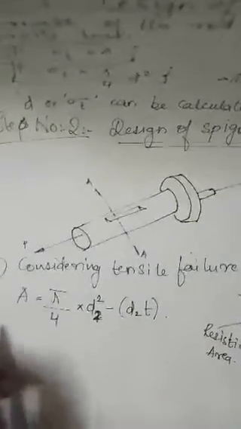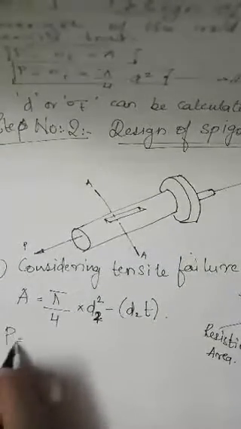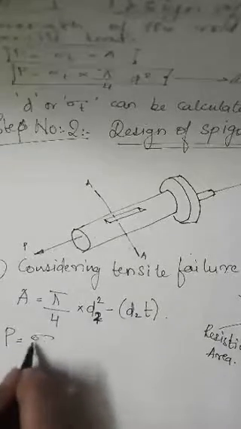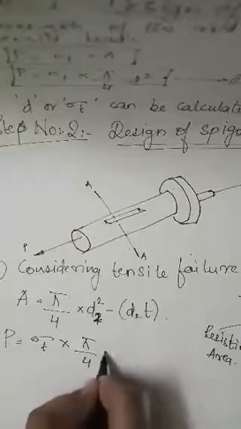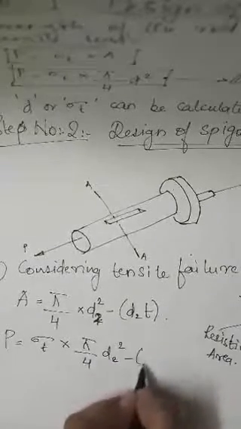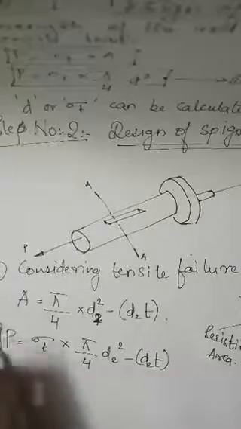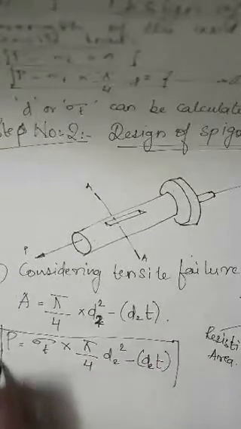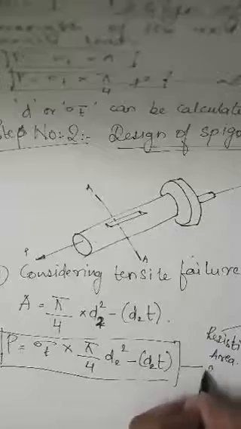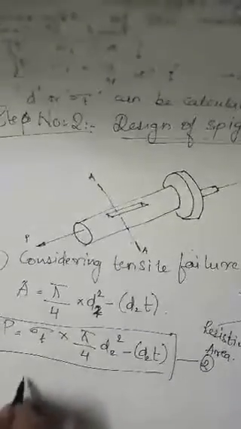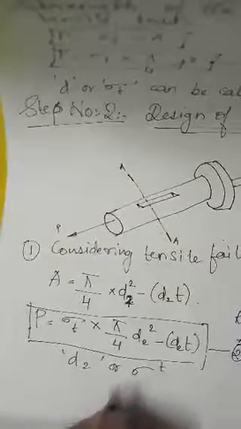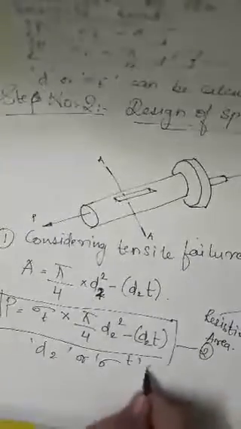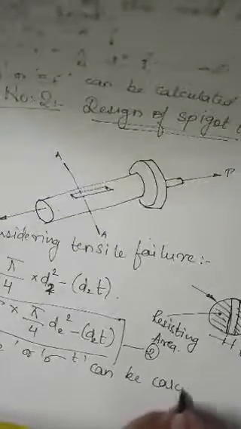So this becomes our area. So this is how our formula will turn out, into pi divided by 4 D2 square minus D2 into t. This becomes our equation number 2. From this, D2 or tensile stress sigma t can be calculated.